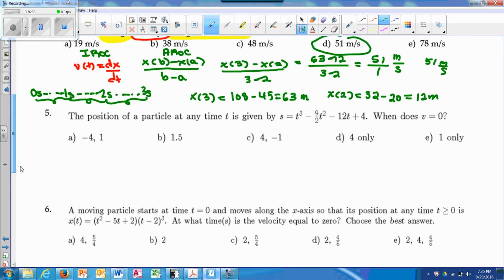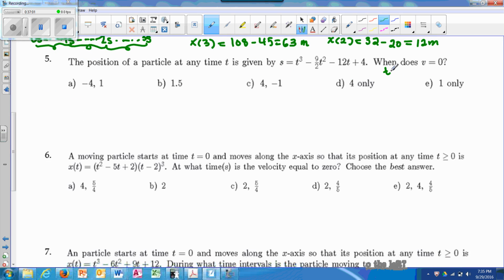But then at time B, our velocity is 0. Velocity is 0 means we've stopped. And we turn around and we have a negative velocity until time 6. So we are furthest to the right at time B.